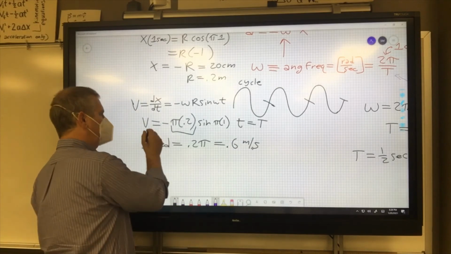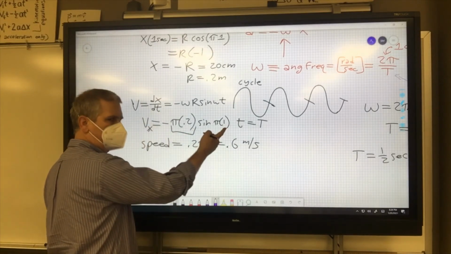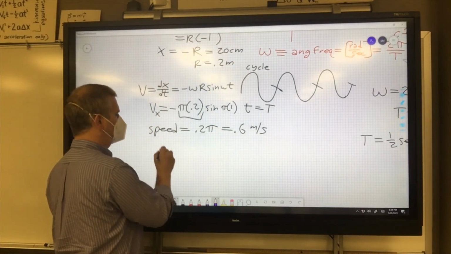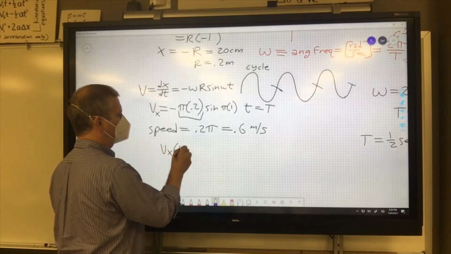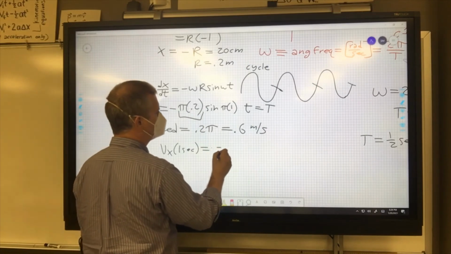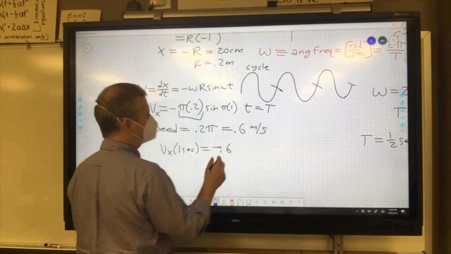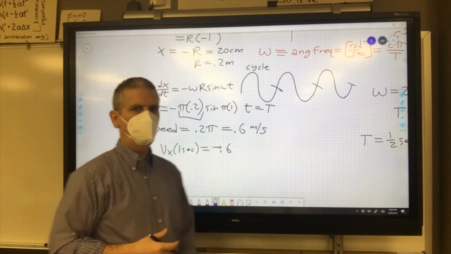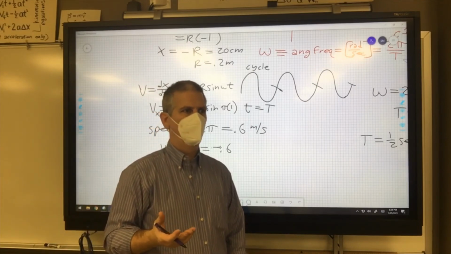But what is the x velocity at 1 second? Well, you'd have to say the velocity at 1 second would equal this 0.6, whatever it is, times the sine of pi. What is the sine of pi? Anybody know?